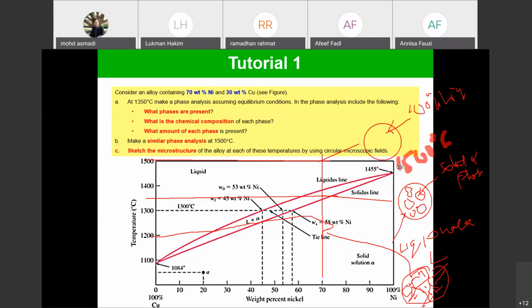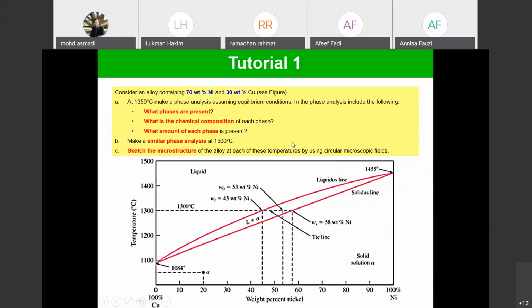Okay, is it clear? Any question about this one? I think it's a straightforward question. Any questions on the phase diagram before we move to the eutectic phase? Any?